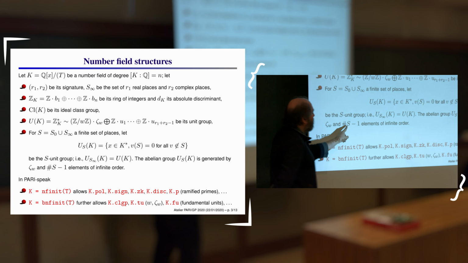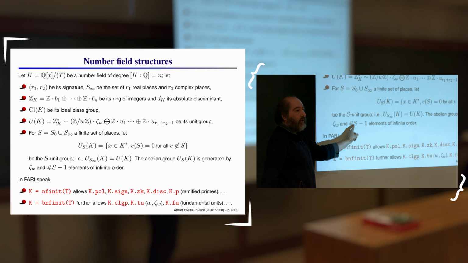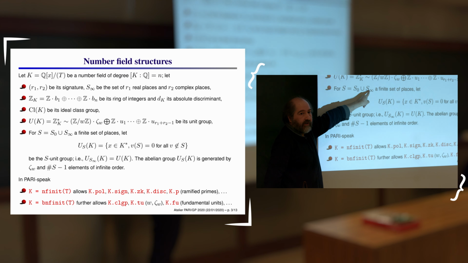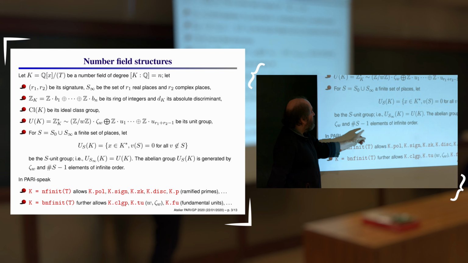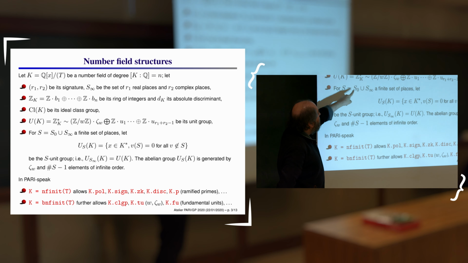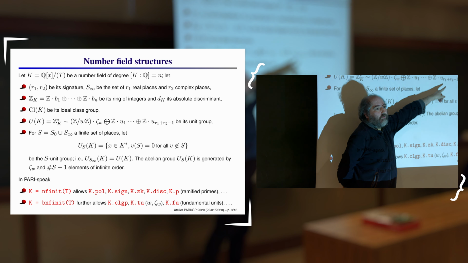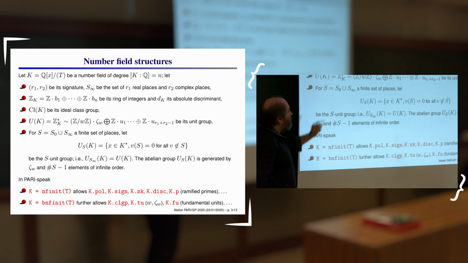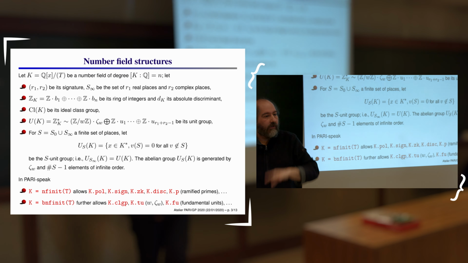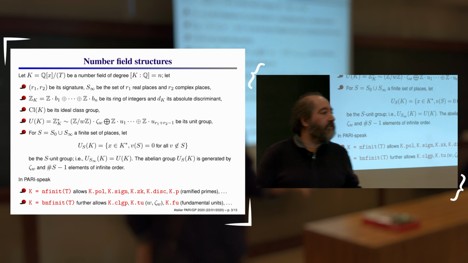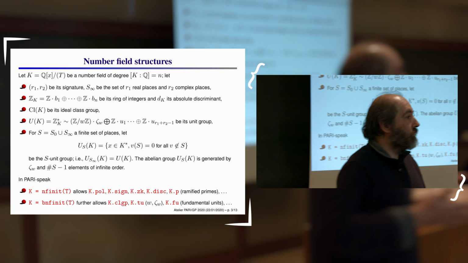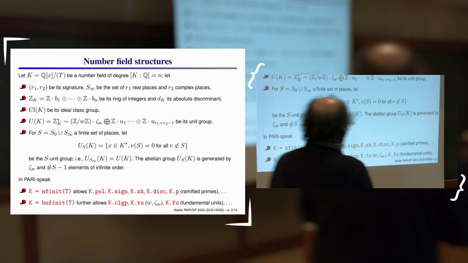The total number is the cardinality of S, which here is, I assume, contains the infinite places. So that, of course, when S0 is empty, this is just R1 plus R2 minus 1. And the total number of generators, finite order or infinite order, is just the cardinality of S. So a small finite number.